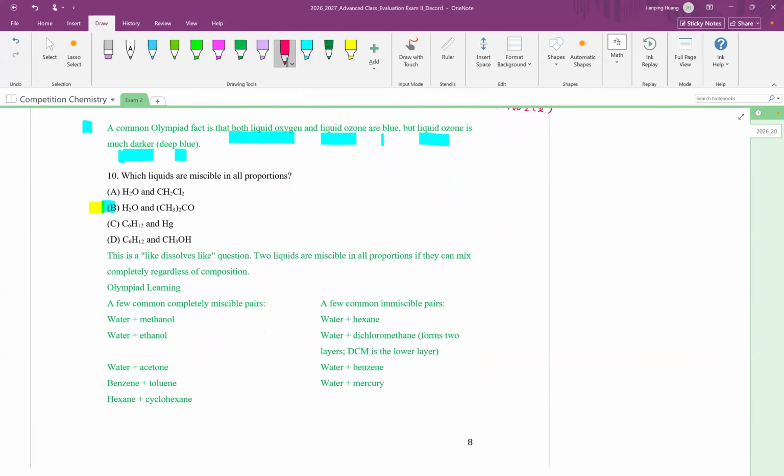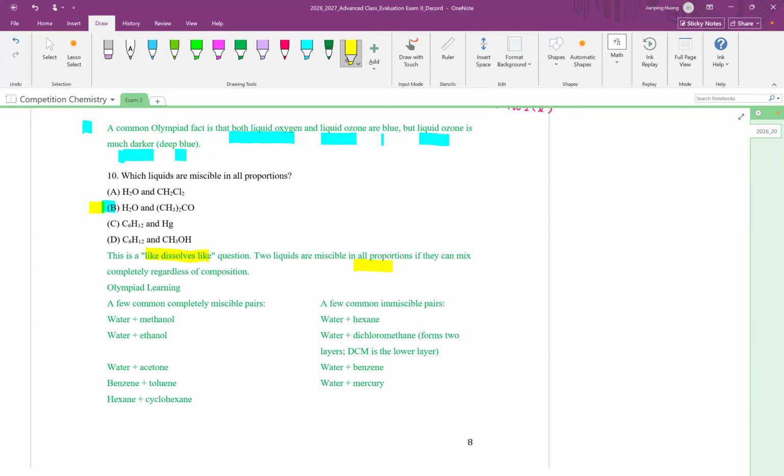This is a question about solubility. We know the solubility law. Two liquids are soluble in all proportions. The basic rule is like dissolves like. So polarity, why?